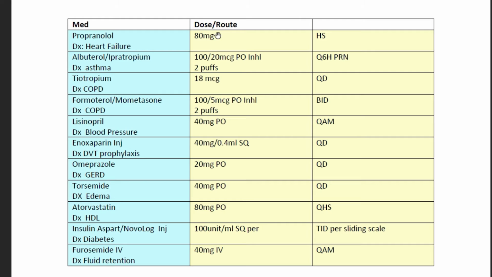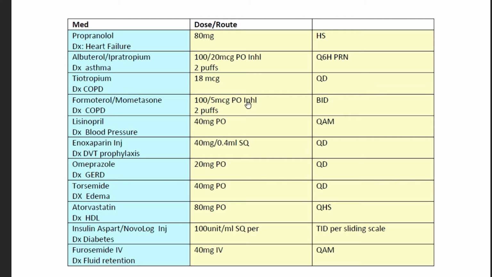It's also going to tell you the dosage and the route. When I say route, that's how the medication is administered. Typically you're going to see an oral administration, which is PO, or you might see inhaled. That's an inhalation form, like an inhaler or maybe a nebulizer machine.